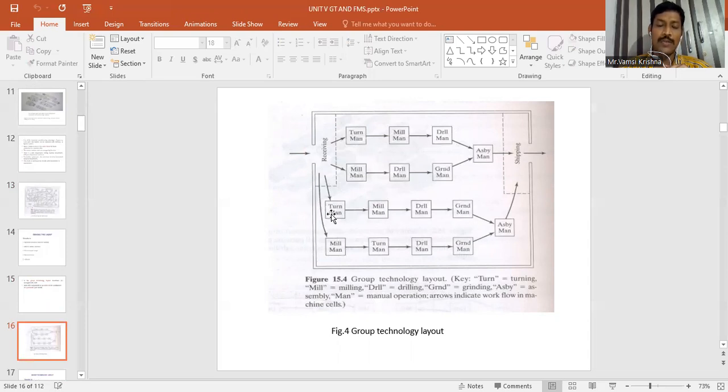Smoothly the components are moving from one workstation to another in a uniform manner, which reduces the working process time and manufacturing lead time very drastically, and that will enhance the productivity. So this is about the group technology layout. The further details will be understood in the next video. Thank you.